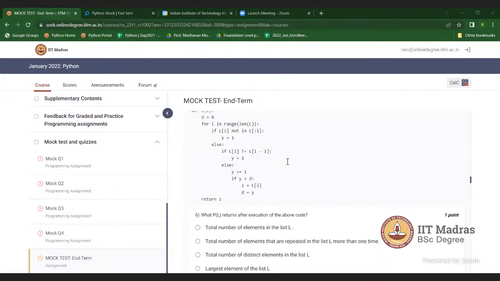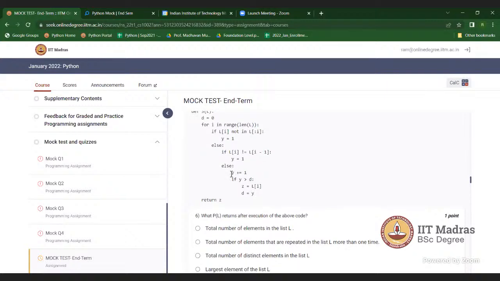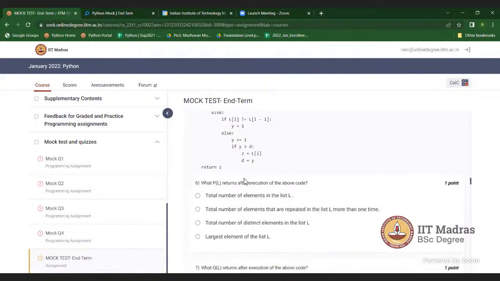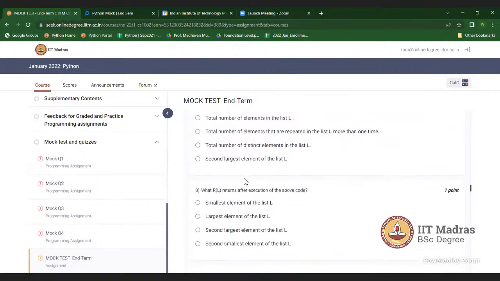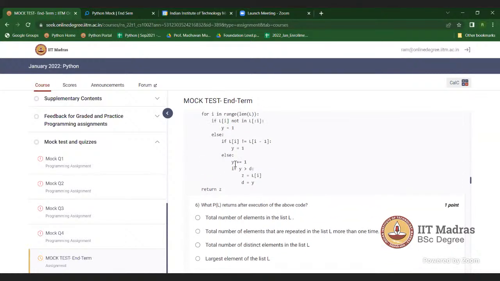Sir, the inner else condition means that the previous element is the same as the current element, right? Yes, which basically means that consecutive elements are equal, and that's why we'll be updating this y value.